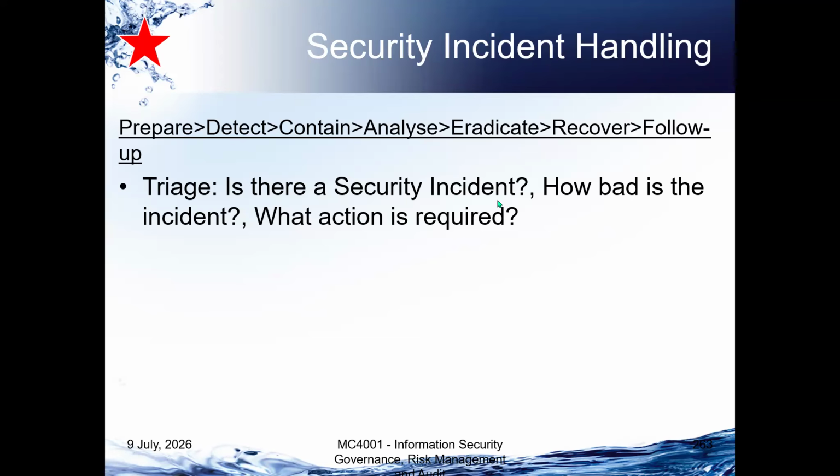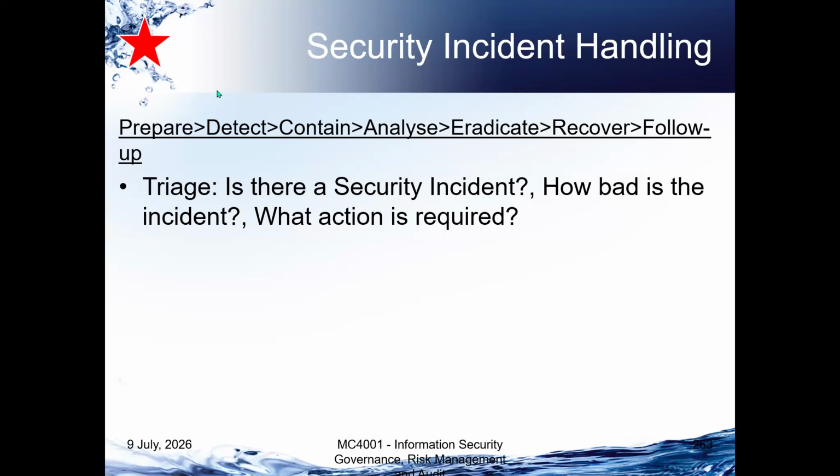Because remember, as a response to certain security incidents, you may have to disconnect systems. You may have to reformat hard disks. You may have to temporarily paralyze the organization or the IT systems when you are doing a bit of analysis and eradication.